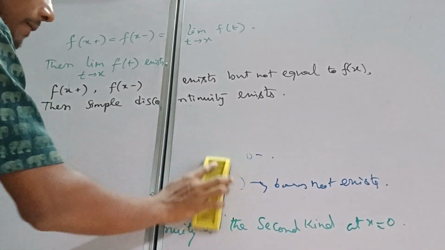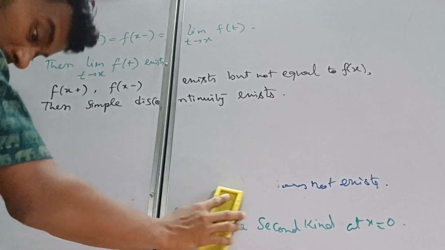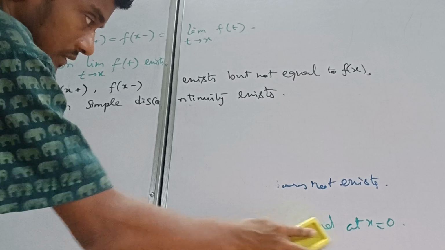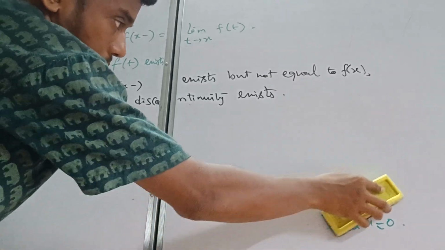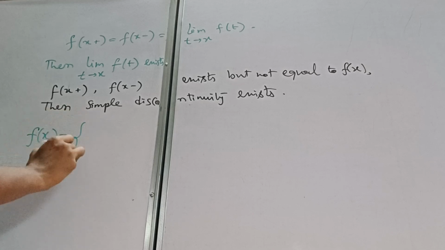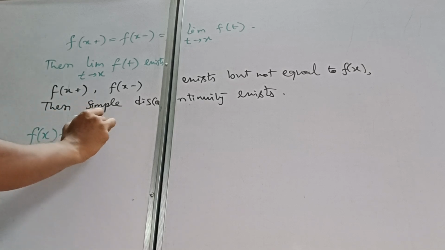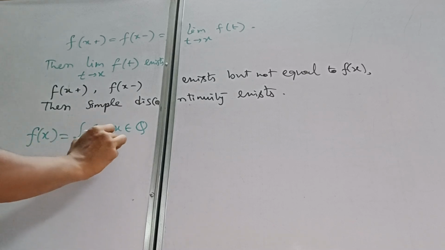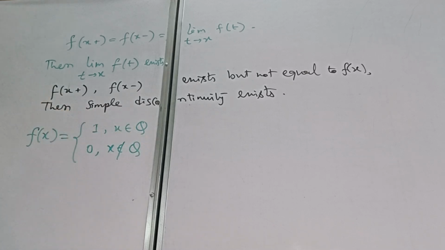Now we discuss another problem related to this topic. We say f(x) equals 1 if x belongs to the rationals, and 0 if x does not belong to Q, that means x is irrational.